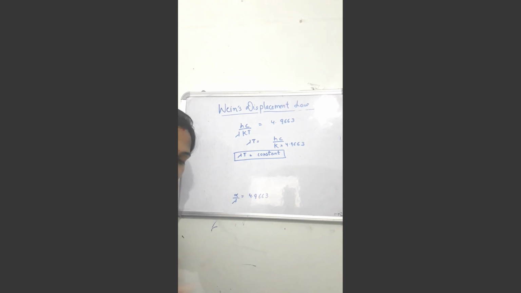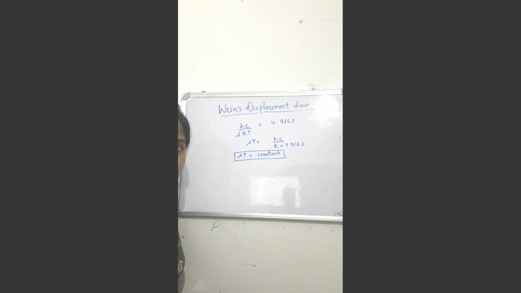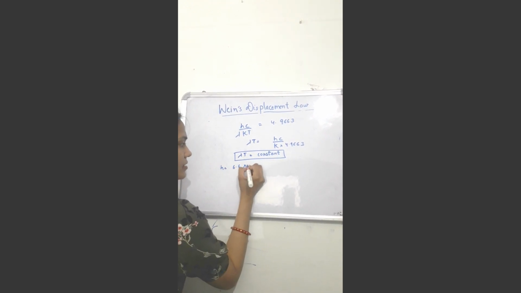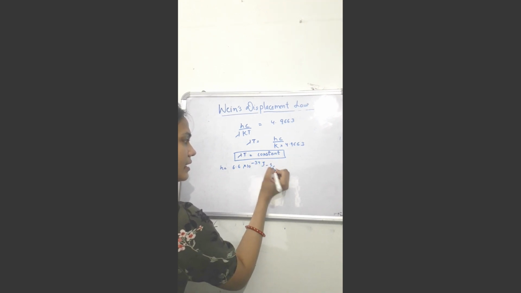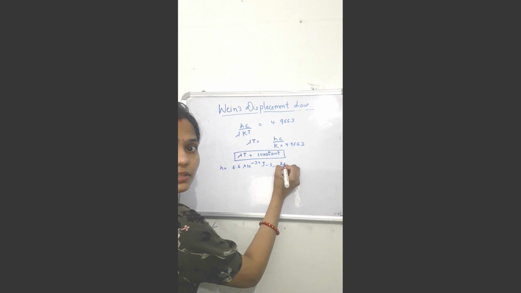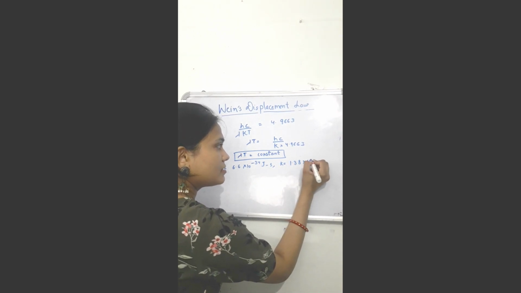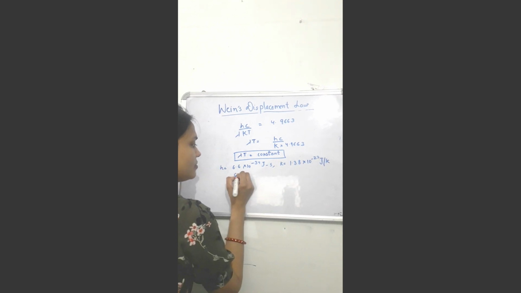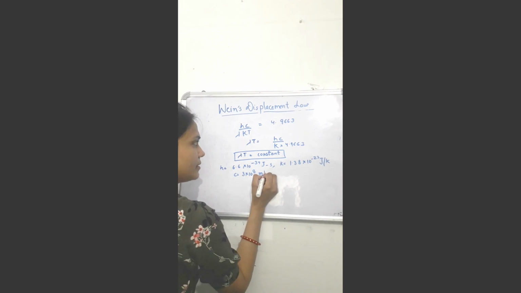We can also find this numerically, using h = 6.6 × 10⁻³⁴ joule second, k = 1.38 × 10⁻²³ joule per Kelvin, and c = 3 × 10⁸ meter per second.